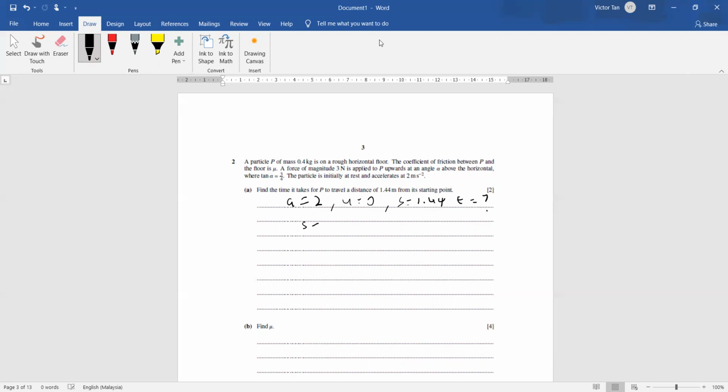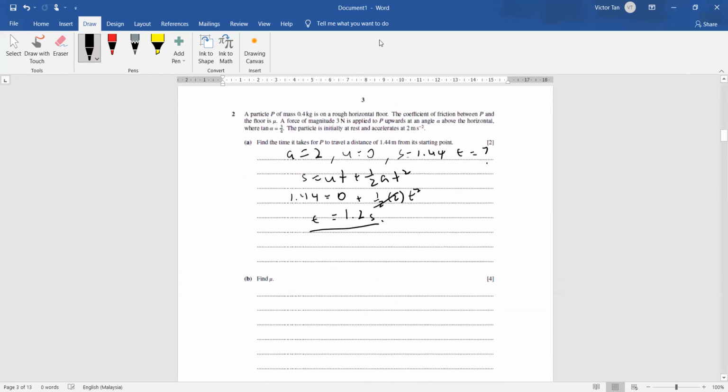So use the equation s equals ut plus half at squared. 1.44 equals 0 plus half times 2 times t squared. Okay. So you get t equals 1.2 seconds.